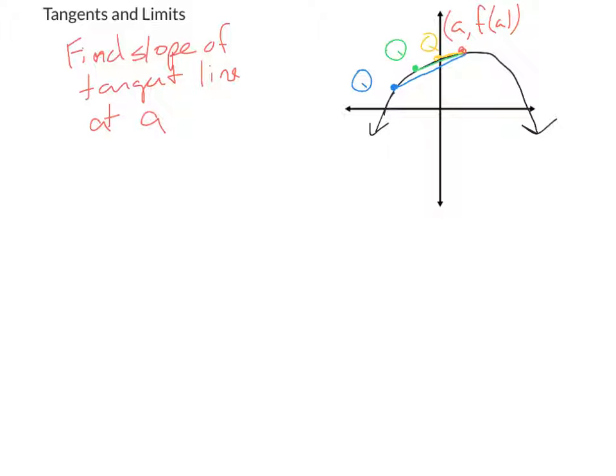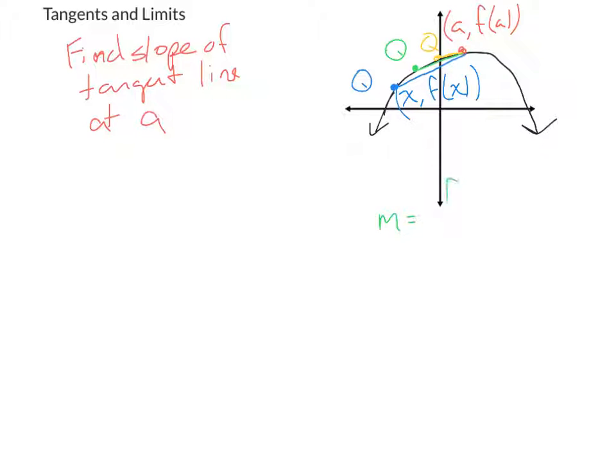And so let's consider one of these point Q's. If I consider Q to be at x comma f of x, I don't know what our values are, just like I don't know what a is, so I'll just call it x and f of x. So I'm inputting x, I'm outputting f of x. And we can find the slope for this line, this secant.